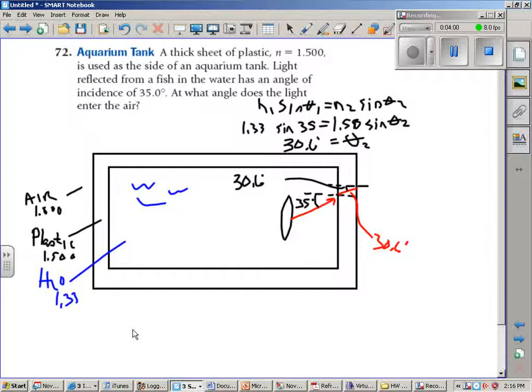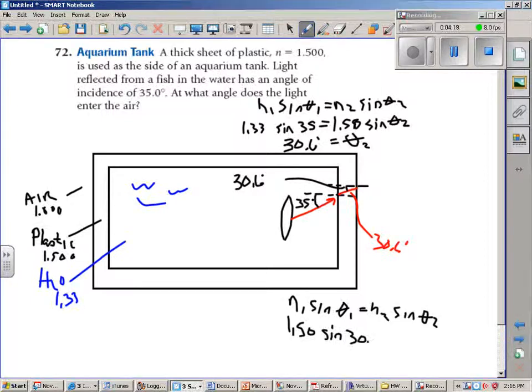Okay, now I'm going to run it through Snell's law again. It's going from the plastic, 30.6, into air.